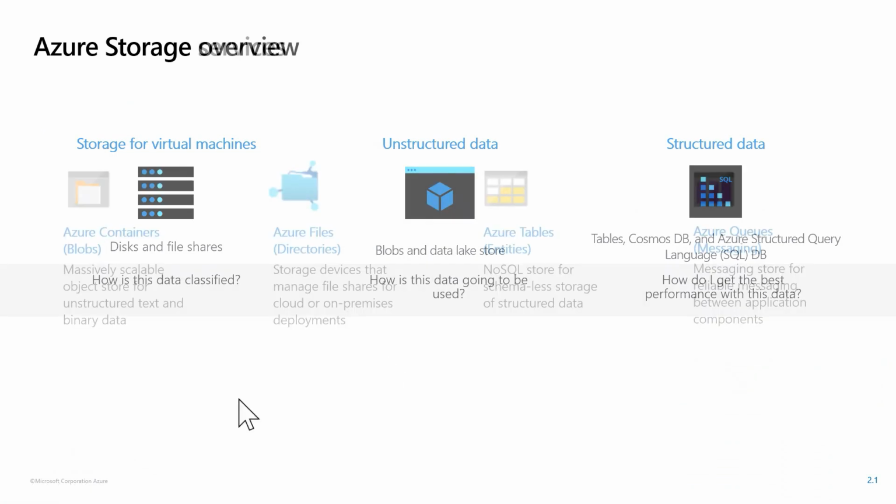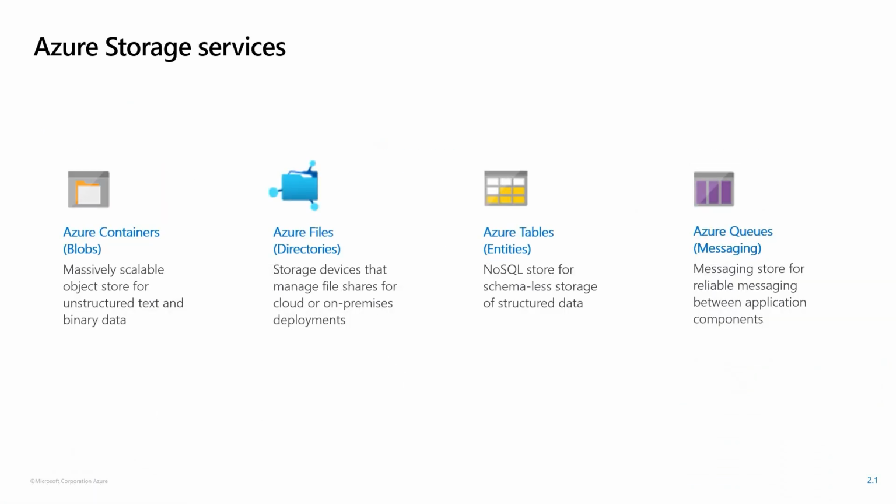Let's explore some of the primary data sources for Azure Storage. Azure Storage includes a platform of data services listed in this display. Azure Storage allows us to manage four types of data, to include Azure Containers, which manage that highly scalable unstructured object store for binary data, blobs.